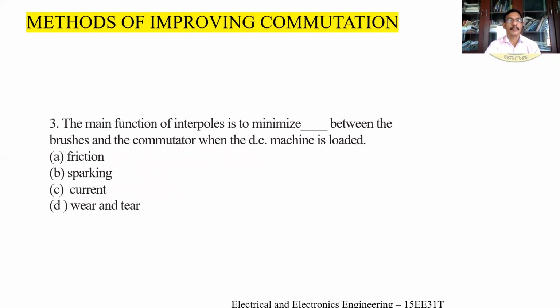Next question, the main function of interpoles is to minimize dash between the brushes and the commutator when the DC machine is loaded. Options are: A, friction, B, sparking, C, current, D, wear and tear. So select the correct option.